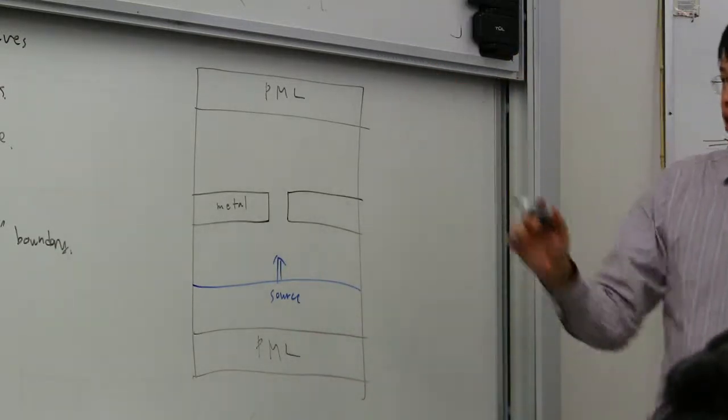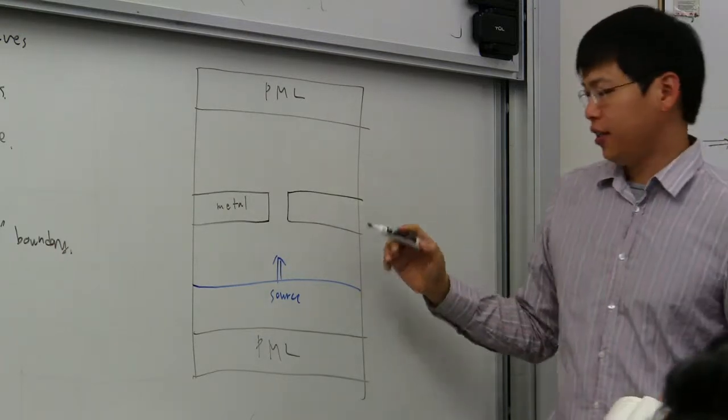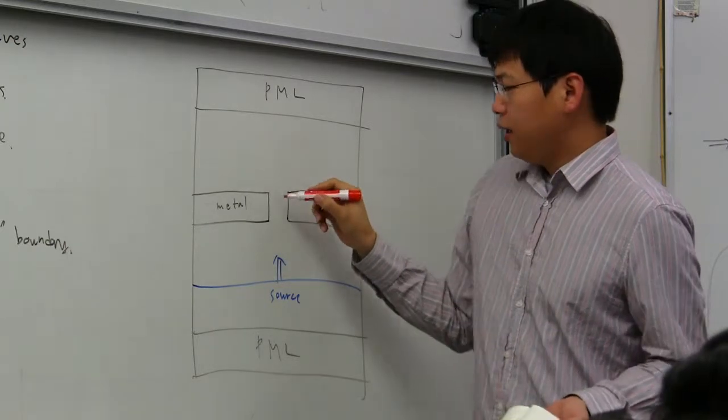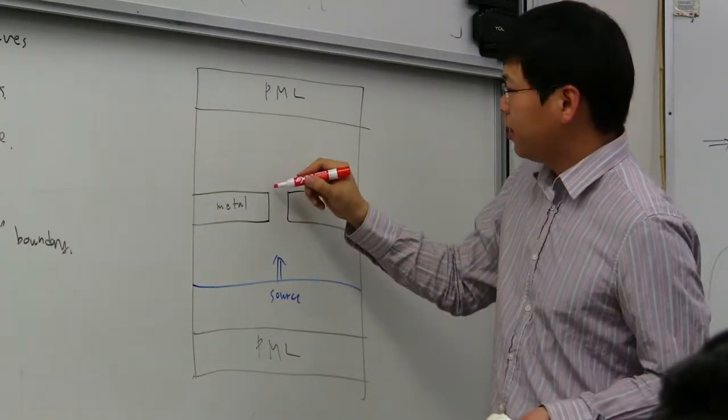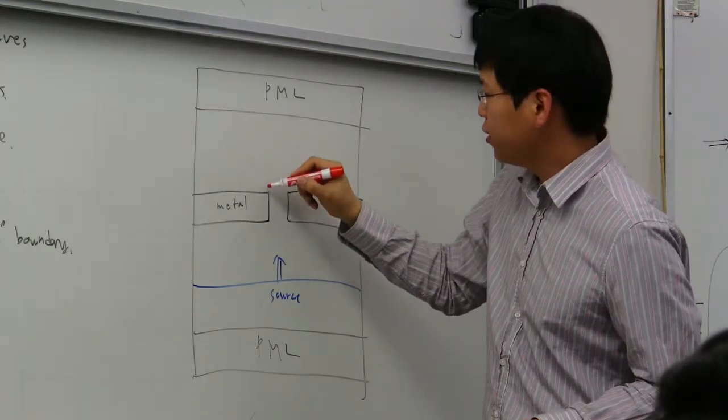I knew about this, so I thought I put the PML far enough from the scatterer. But what happened was, this is a scatterer, so it generates a near field.